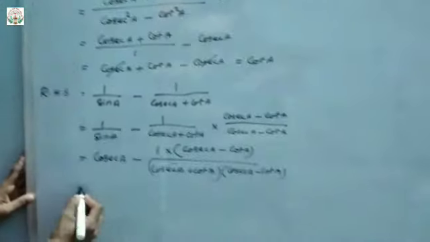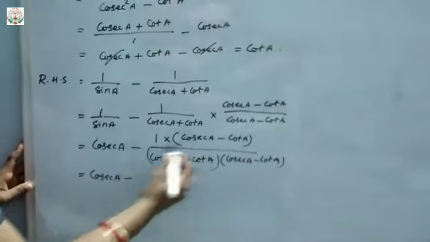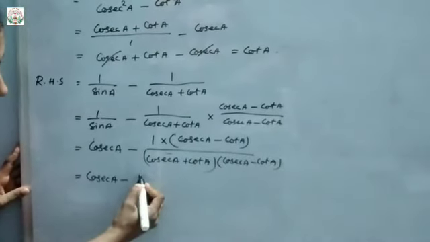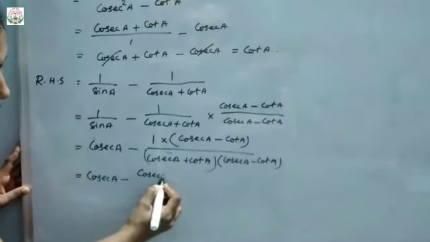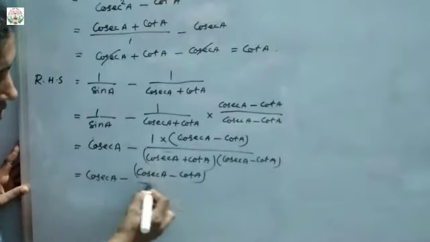Okay, so now cosec A minus, multiply the numerator with that 1, so it will be the same, cosec A minus cot A within bracket.